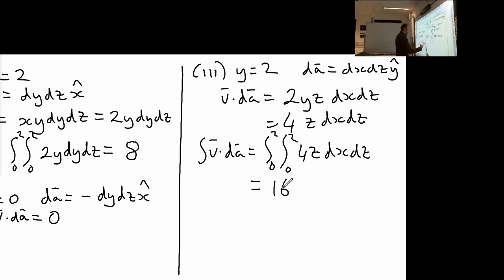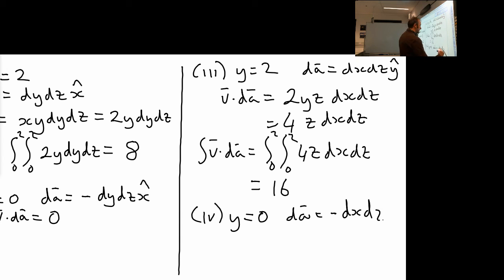And on the other side then, we have y is equal to 0. dA is going to be equal to minus dx dz y hat. When we work out v dot dA, we're going to get the same answer as up here.